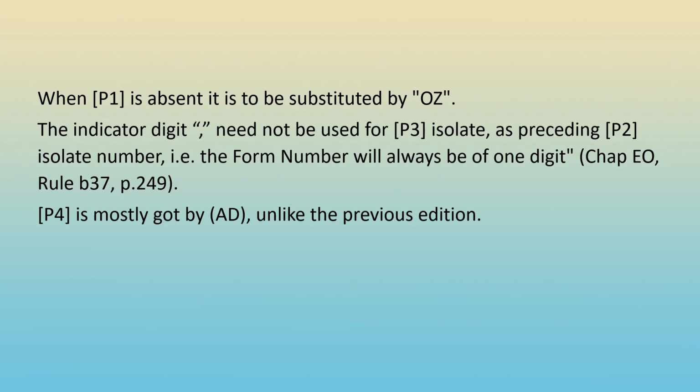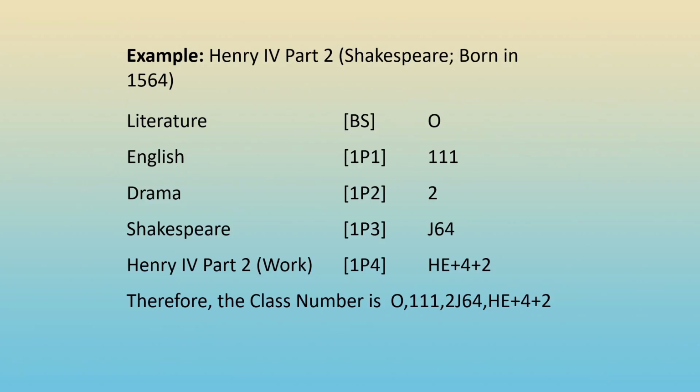In colon classification 7th edition, the P4 isolate is mostly got by alphabetical device, unlike the previous edition, that is, we know in colon classification 6th edition, the work number in P4 of literature class is to be formed. Here we present an example, Henry IV part 2. It is a drama by Shakespeare, so English drama.